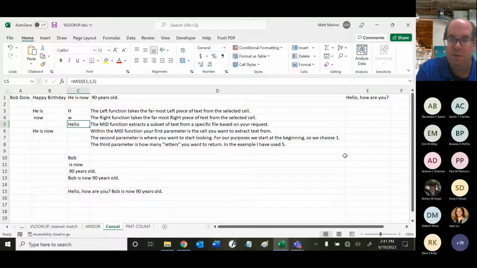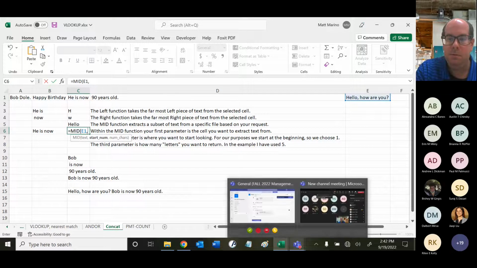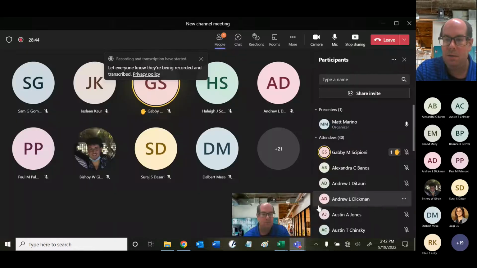How would we set that up if we wanted the word how from E1? We do a mid function. We select the text we're taking first. Then what's our start number if we want to start with how? Gabby again? 8.